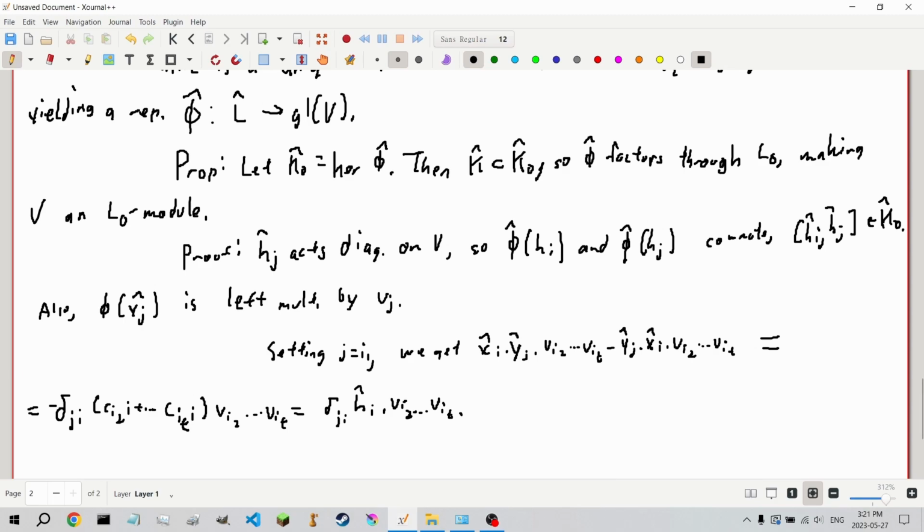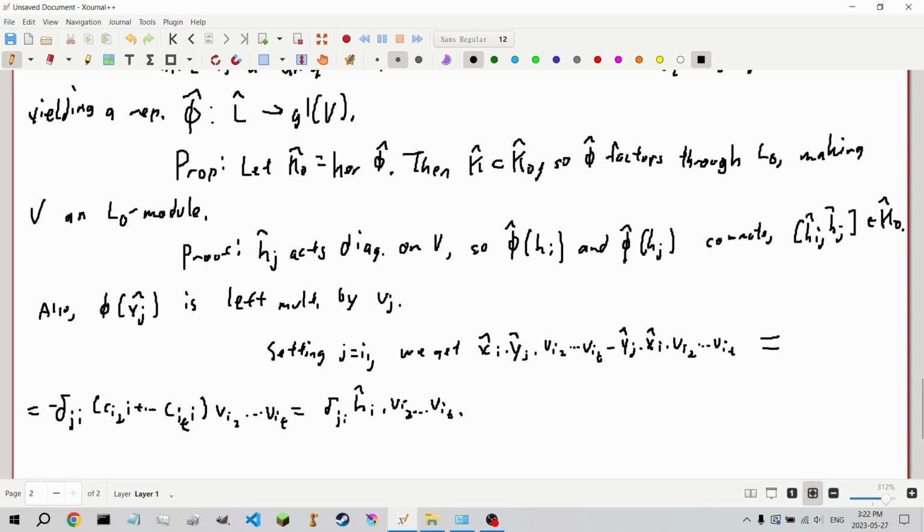And if you notice here, the start looks like the Lie bracket of x_i and y_j acting on this series. And what we're left with is delta ji times h hat of i.